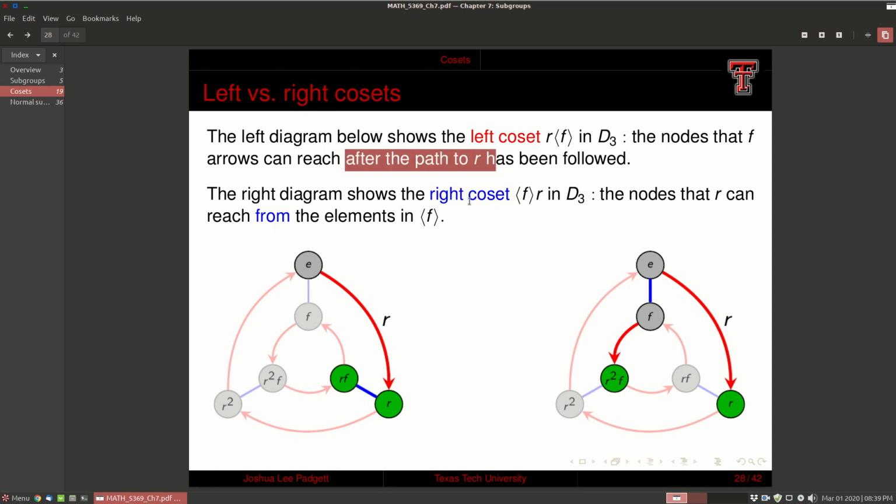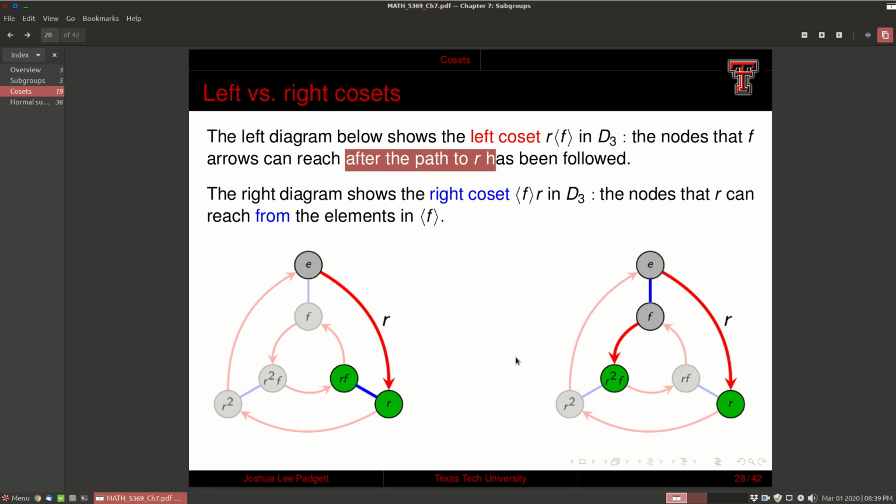Okay? The diagram on the right shows the right cosets, which are what? Perform right multiplications. And so these are the nodes that R can reach from each element in F. Okay? So the idea is what? FR is start at F or E and perform R. So we start at each element of F and perform a rotation.